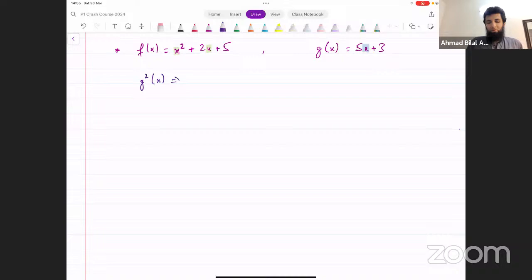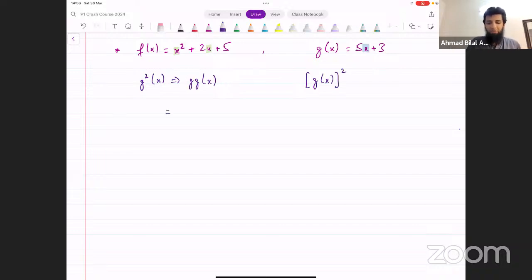Now, this is actually a short form of writing g of g of x. It's not the same as g of x whole squared. So these two are different things. If we have g of x and whole square of that, that's different from g square of x, right? These are two different things. So g square of x, what does that mean? That basically means g of g of x.